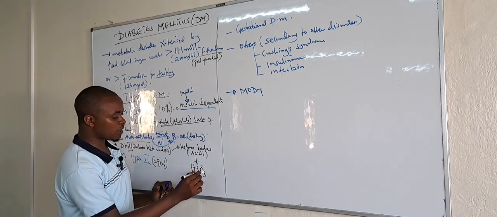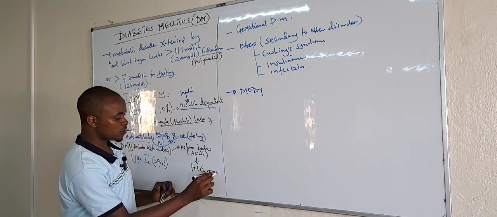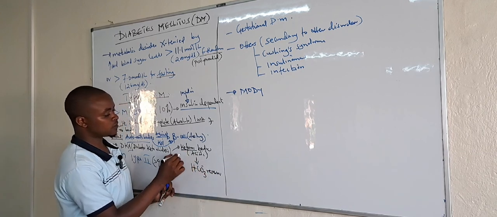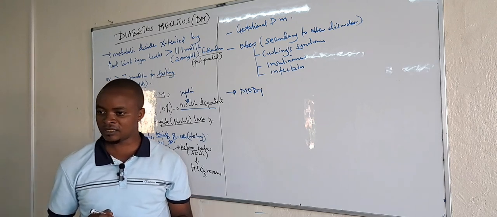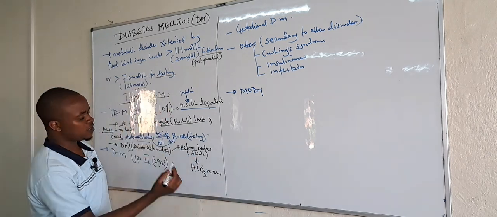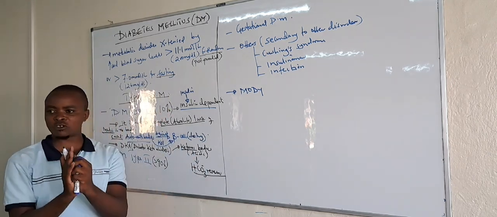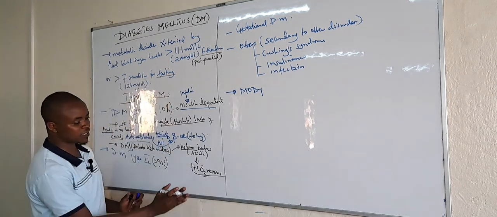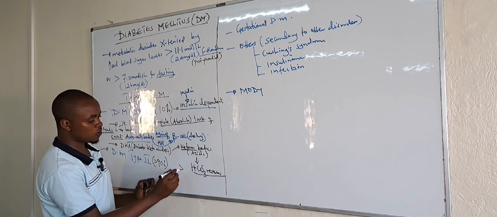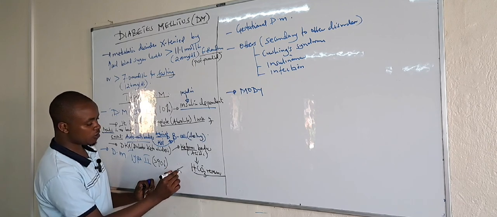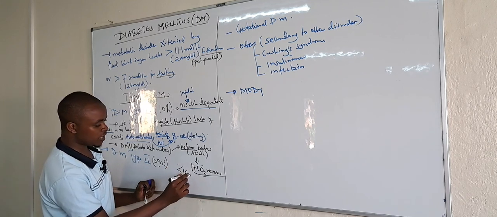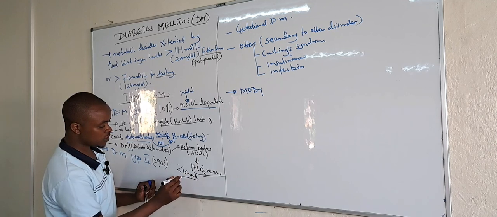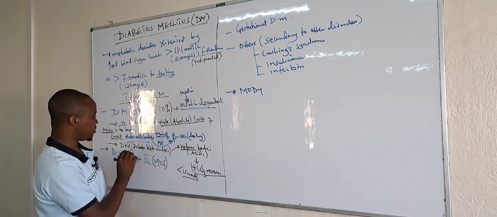Bicarbonate is the one that helps us maintain the pH of the body. When bicarbonate reserves go below 15 millimoles per liter, this results in DKA.